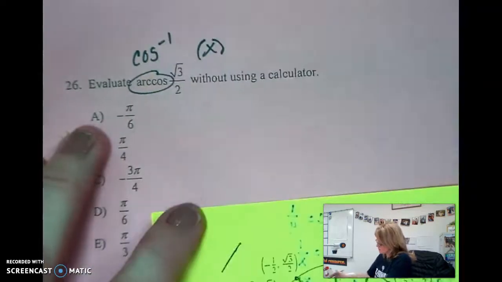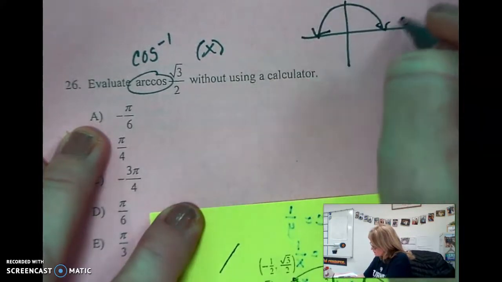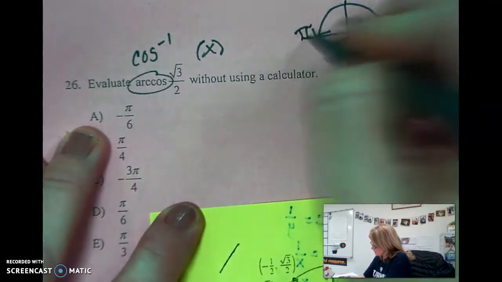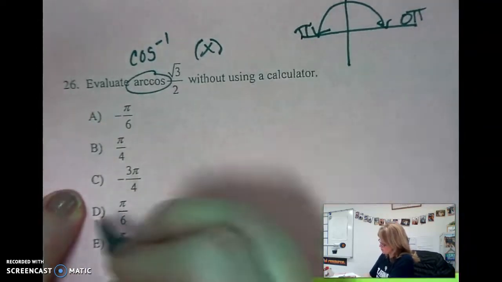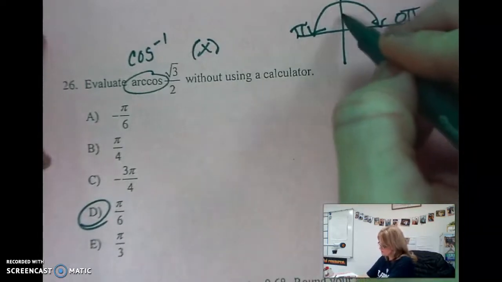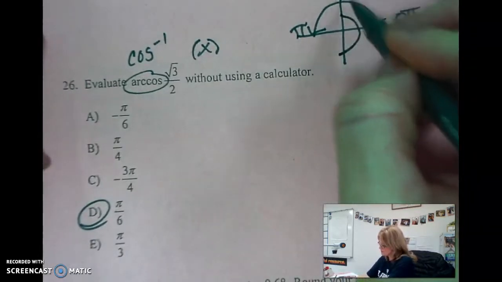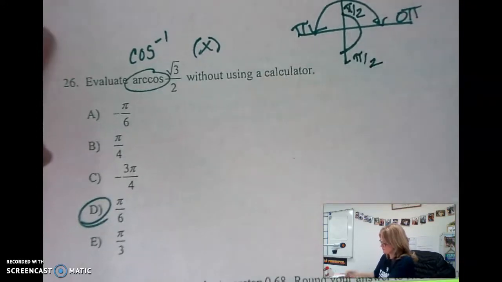However, when we talked about inverse cosine, remember those are the values only from 0 to pi, so the only option we can pick is 30 degrees or pi over 6. Just a quick reminder, remember inverse sine and inverse tangent are from half a pi to -half a pi.